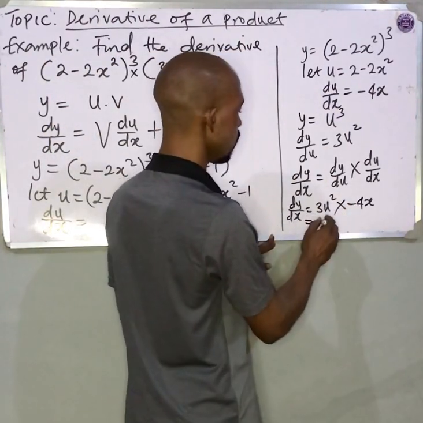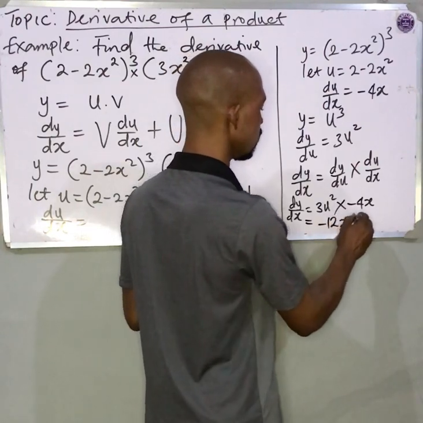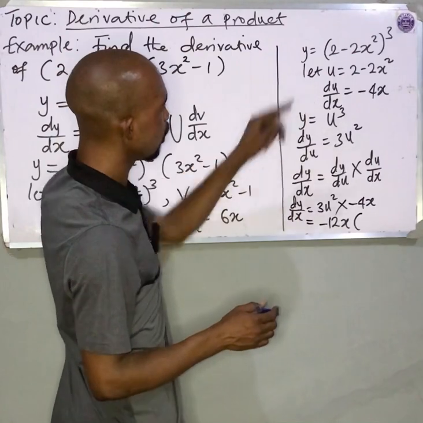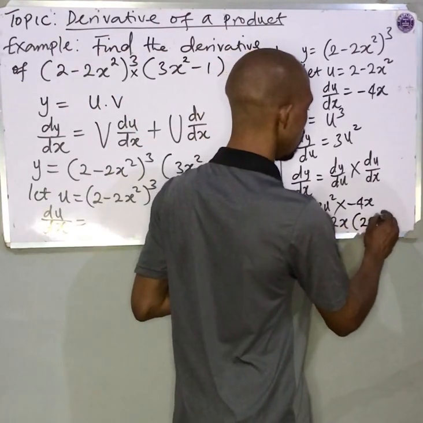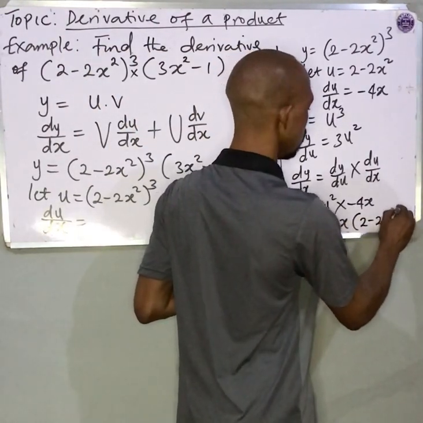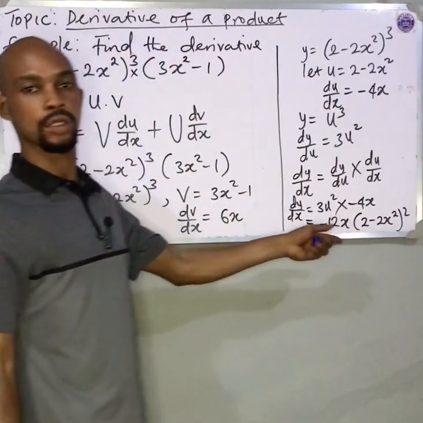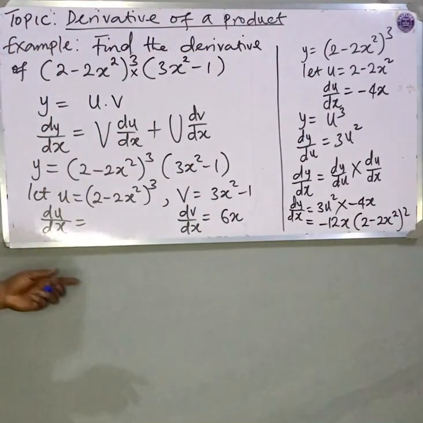This leaves me with minus 12x u raised to power 2, and my u is 2 minus 2x squared, raised to power 2. So this is the differentiation using the chain rule, or function of a function.